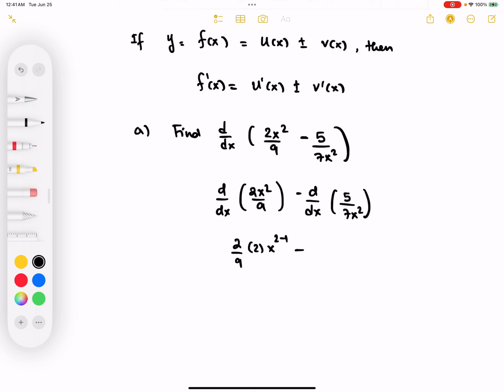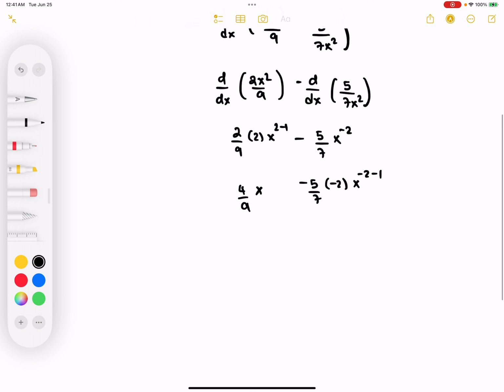The second one is 5 over 7 x to the negative 2, then the derivative of this one is, you have to minus 5 over 7 times negative 2, x to the negative 2 minus 1. The first one becomes 4 over 9 x.